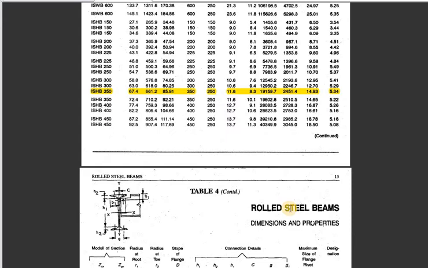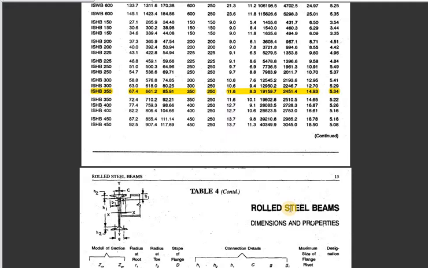While solving this bracket problem, you have to keep IS 800:2007 in hand, along with the steel table. You have to purchase the steel table, or it is available on Google, on websites also. You can refer to the IS code available on sites, or purchase the IS code and the steel table.